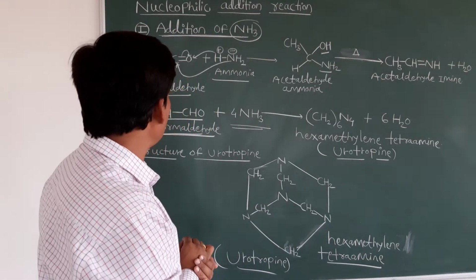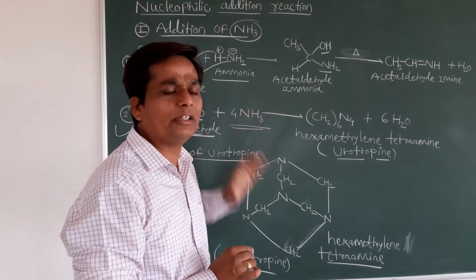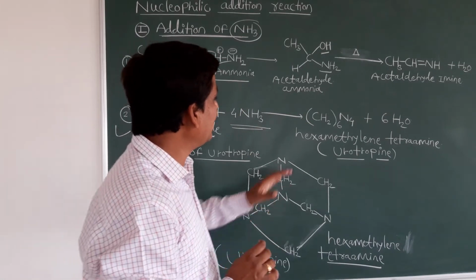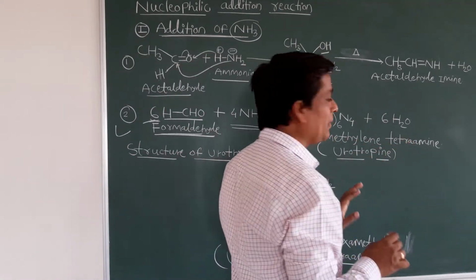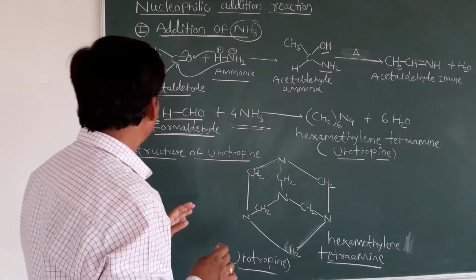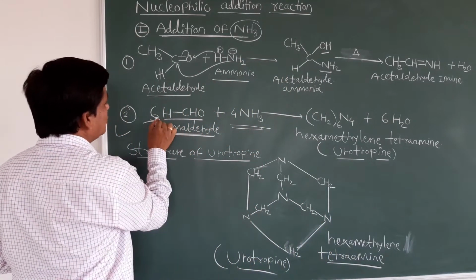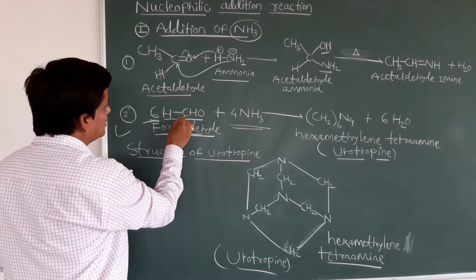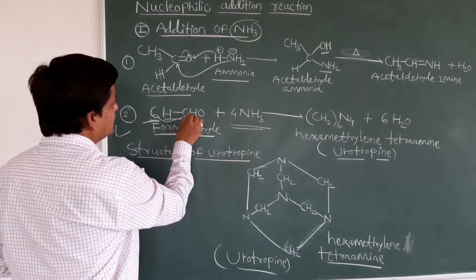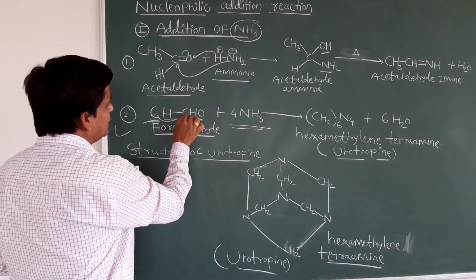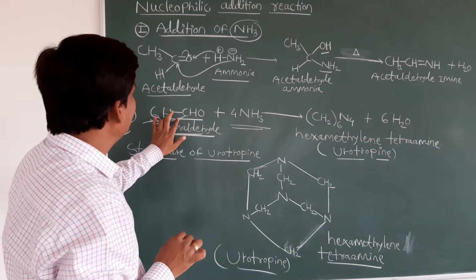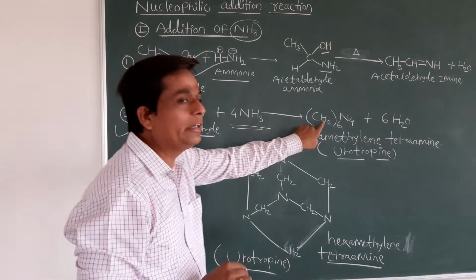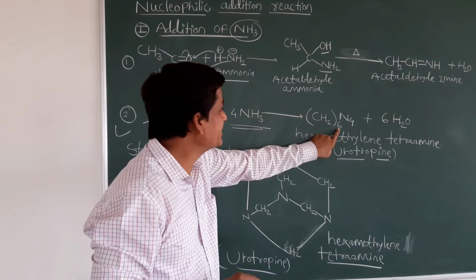So students, what happens when this formaldehyde reacts with ammonia? Here we will get hexamethylene tetraamine. Just see. Here 6 molecules I have taken. How many carbons are there? 6 carbons. Each with 2 hydrogens, a CH2 group. How many CH2 groups are there? Total 6, so I have written CH2 in brackets 6 times.